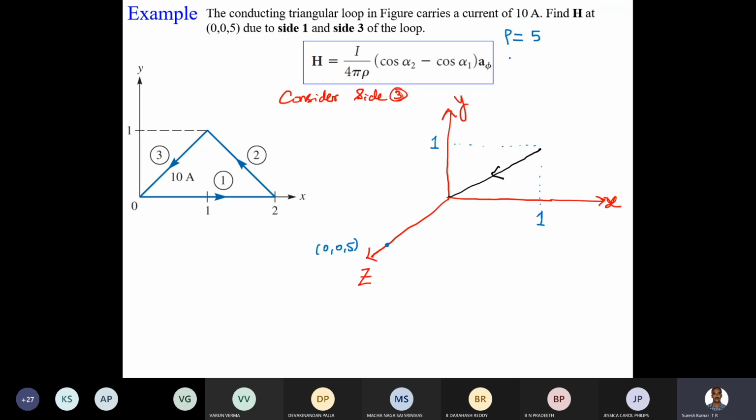Next is cos alpha 2. To find cos alpha 2, I will highlight the axis of the wire using a dotted blue line. So this is the axis of the wire. Now, what is the angle between this dotted blue axis and this solid blue line, the z axis?